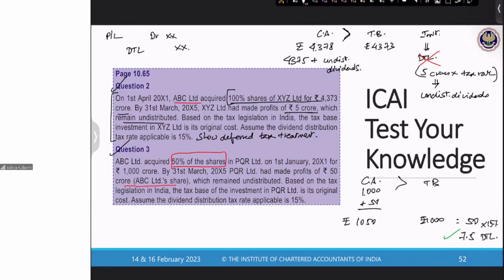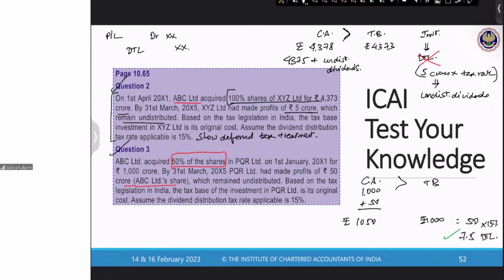Sir, how is it going to be reversed? Only one way it will be reversed. That is if XYZ Limited pays the dividend to ABC Limited. If XYZ pays the dividend to ABC, will the reversal happen? Yes, it will. Because then 5 will be distributed out of 4378, so it comes to 4373.